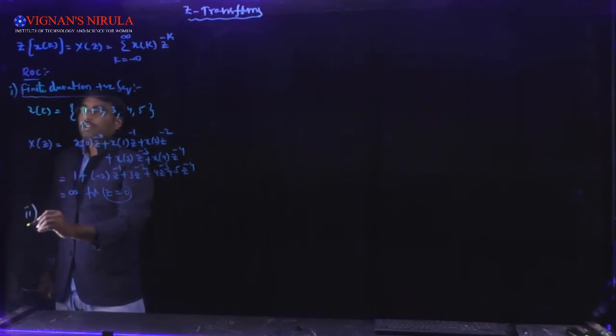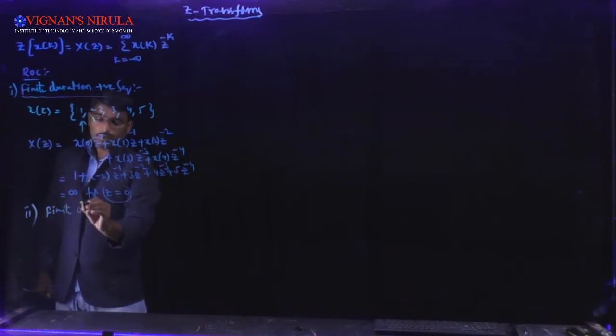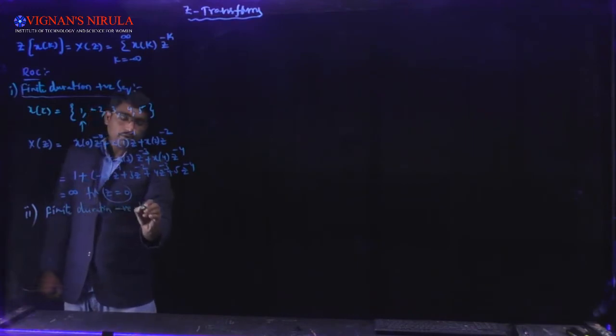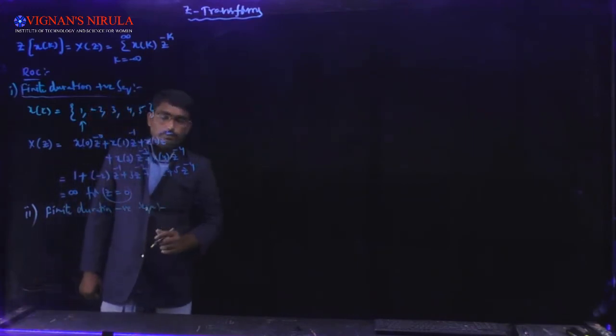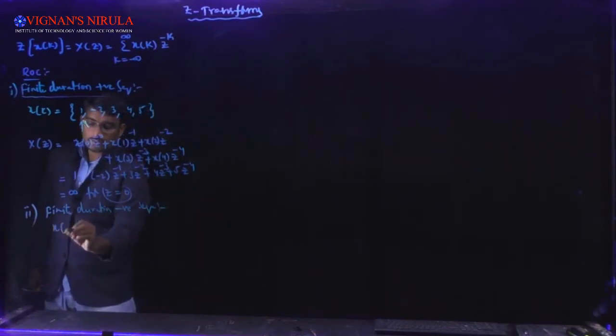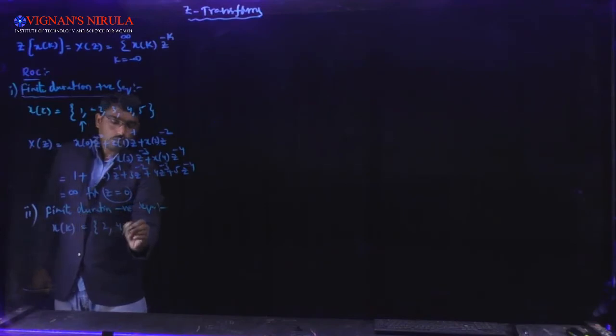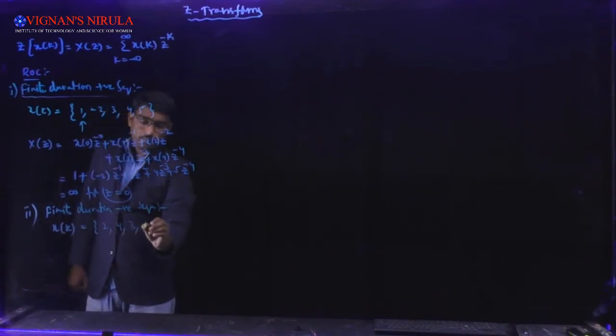Similarly, let us see the ROC for a finite duration left-sided sequence. Let us take an example x of k equal to 2, 4, 3, 1, with the mark over here.